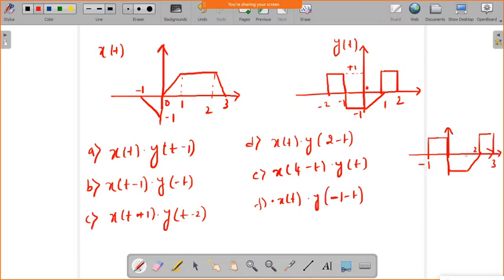This is 2, this is 1, this is 0 and minus 1. So this is your y of t minus 1. Is it fine?